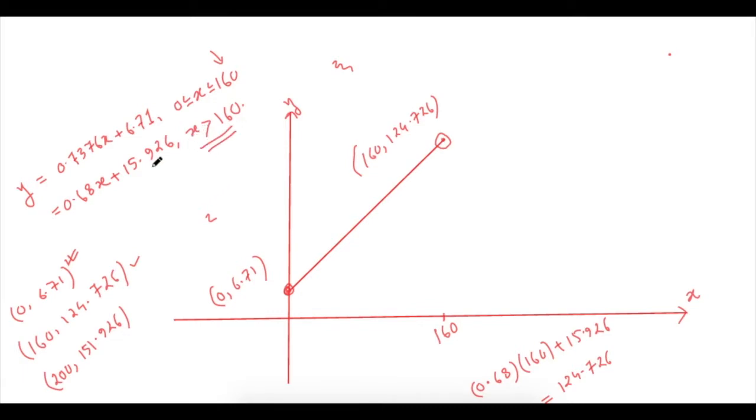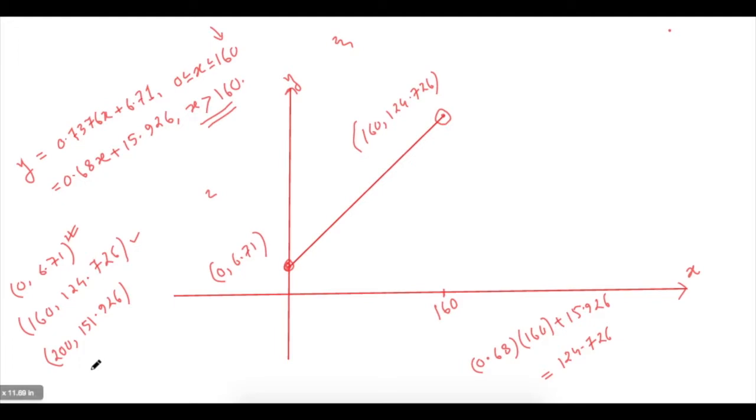It goes to infinity. So for example, we can consider another point in order to sketch the second line, because second line will start from here. So we need another point to sketch it. So let us use this point 200, 151.926. So if 160 is here, then 200 will be here, and 151.926 will be in this place.